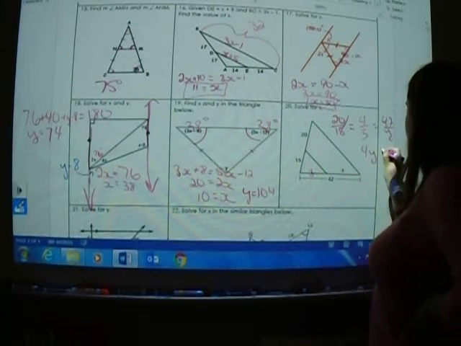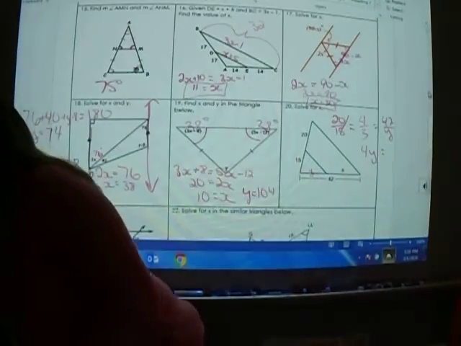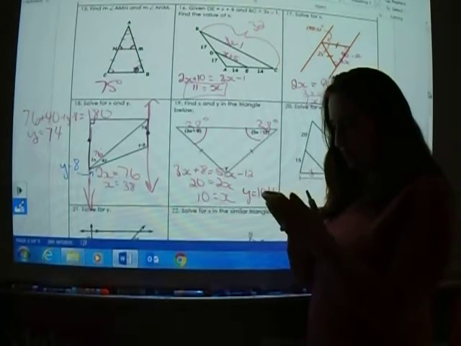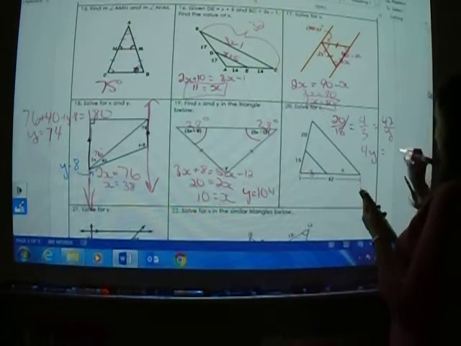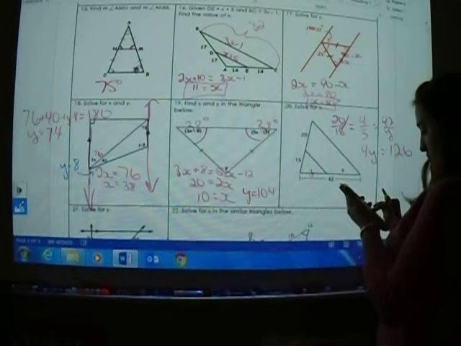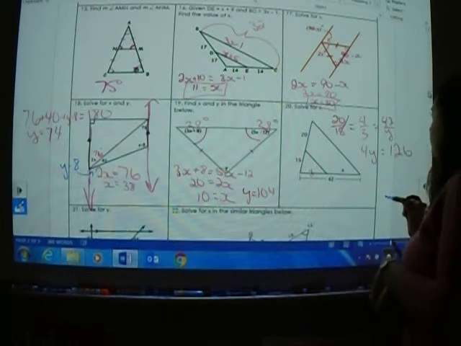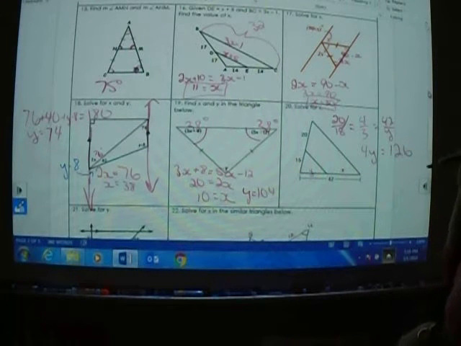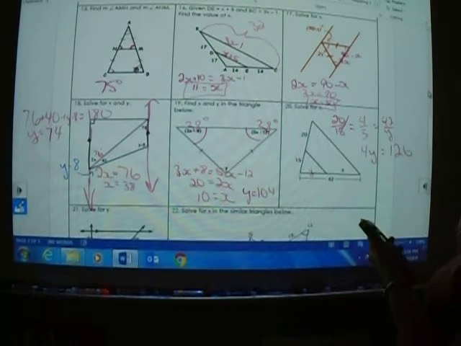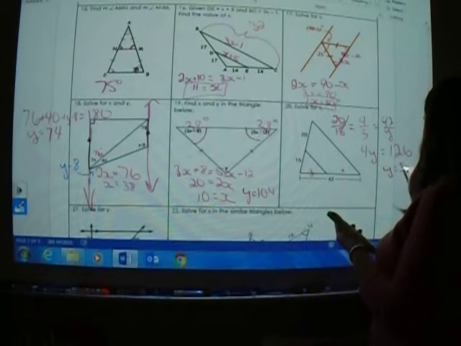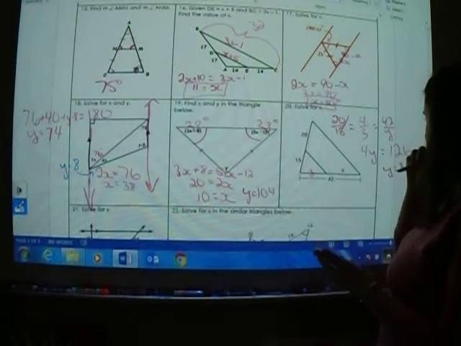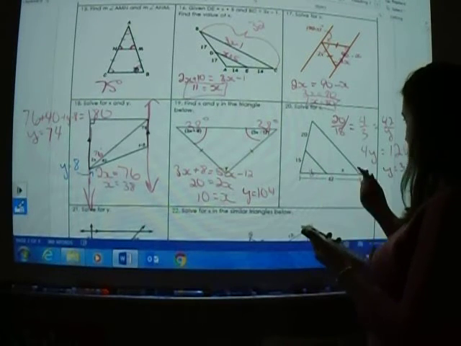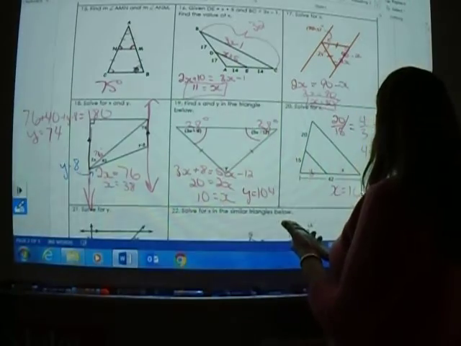So we end up with 4y equals 42 times 3, 126. Okay. So we end up with y equals 31.5. So we still need to find x. We just do 42 minus 31.5. So x equals 10.5.